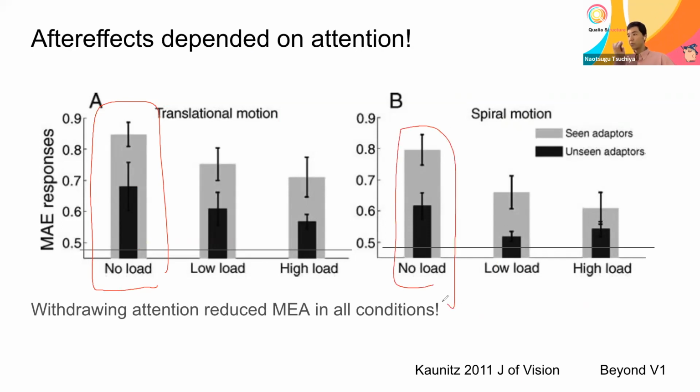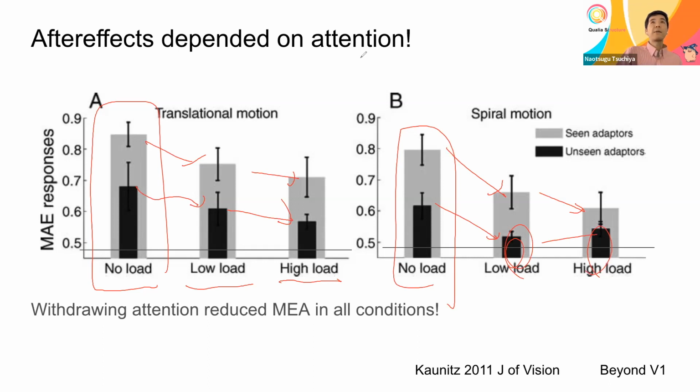With fully attending to the stimulus, there is an effect. But if you pay attention to the central task, then it further reduces this effect, both visible and invisible aftereffect. And then this became non-significant, and this became also non-significant from the beginning.